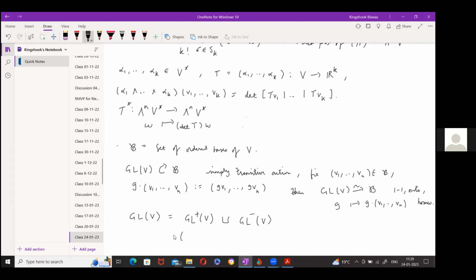These are the two connected components. And an orientation is nothing but a choice of connected component, after you identify the set of ordered bases with GLV.